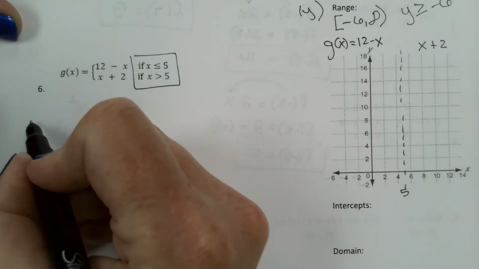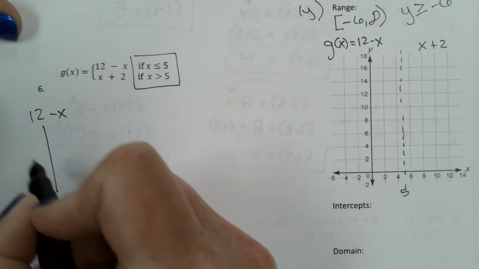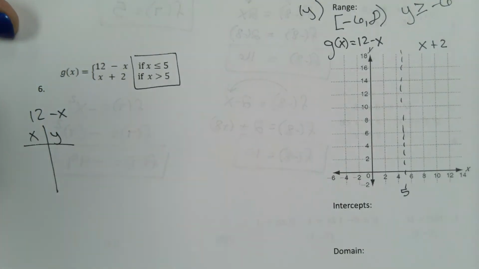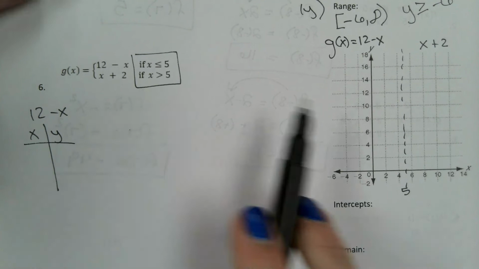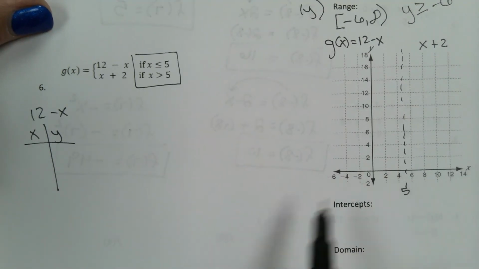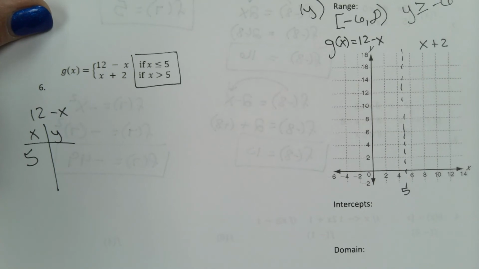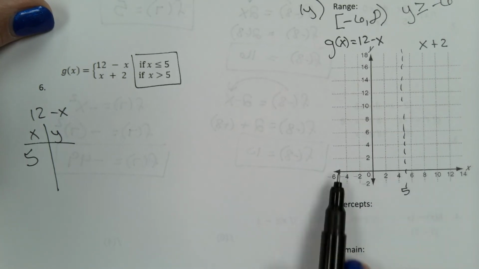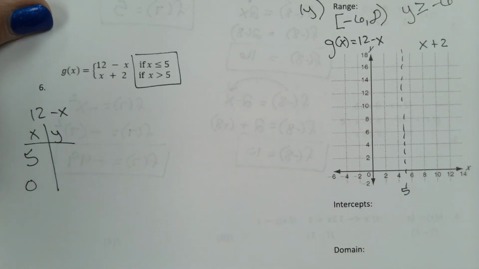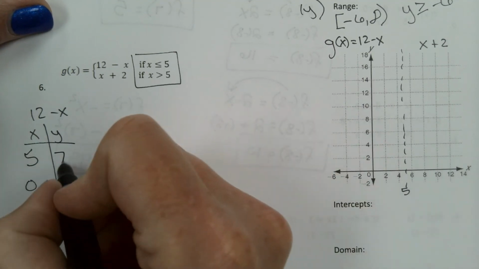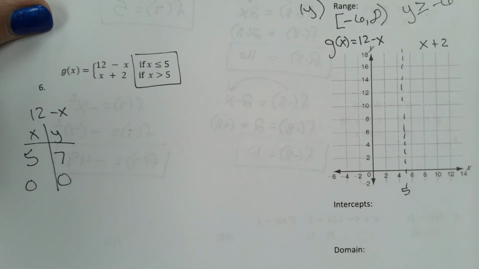So on my 12 minus x one, I'm going to make a table of values. I'm always going to start with my divide line number. So my divide line number is 5, and then any number to the left of that. So I'm going to use 0. So 12 minus 5 is 7, and 12 minus 0 is 12.